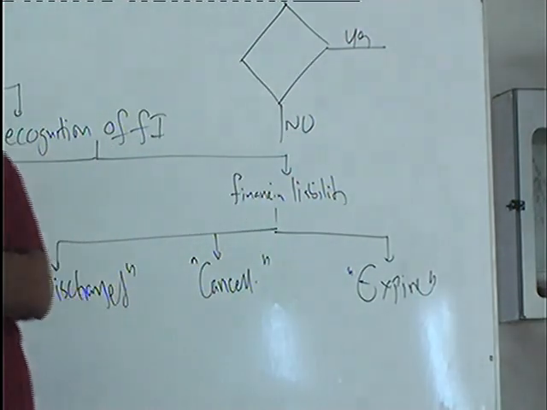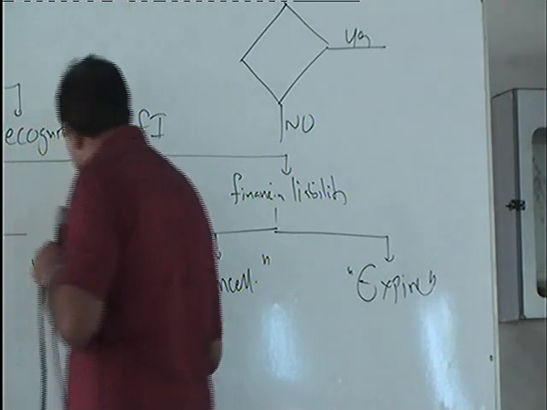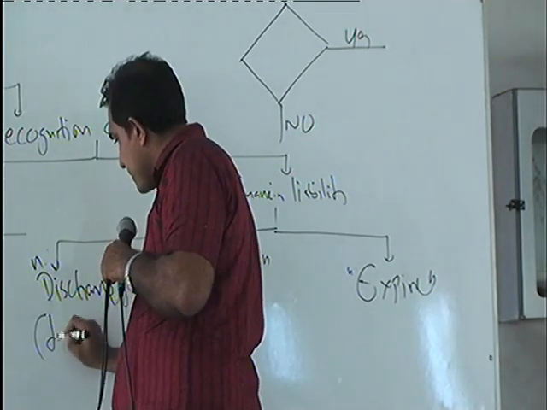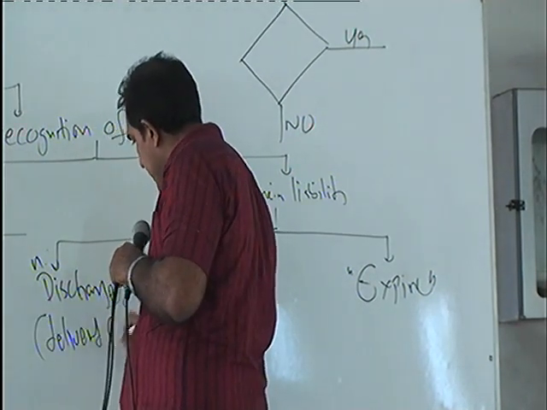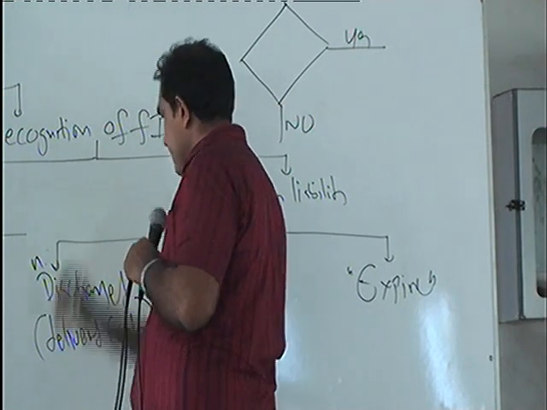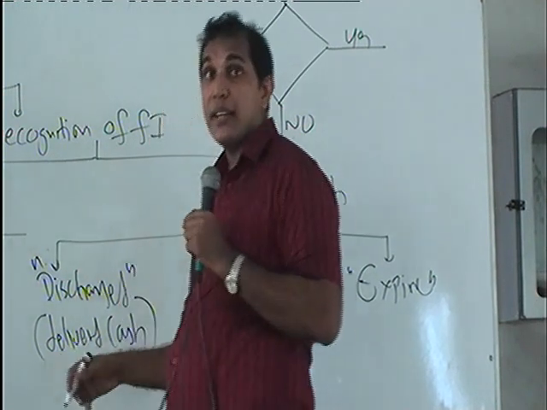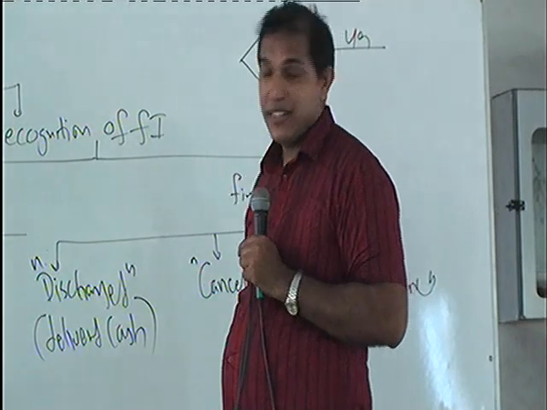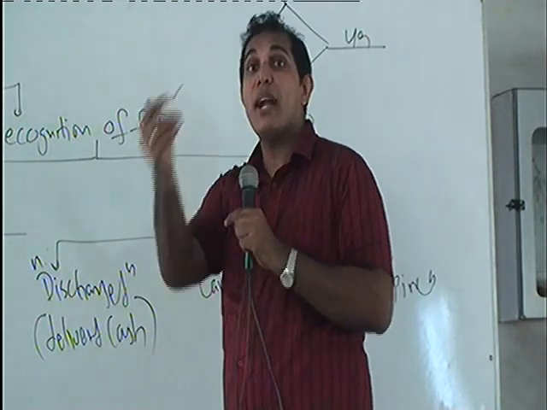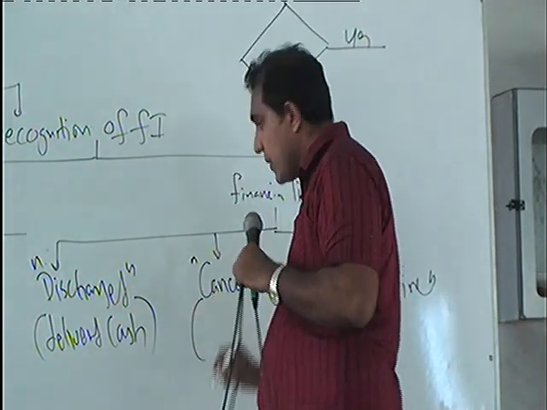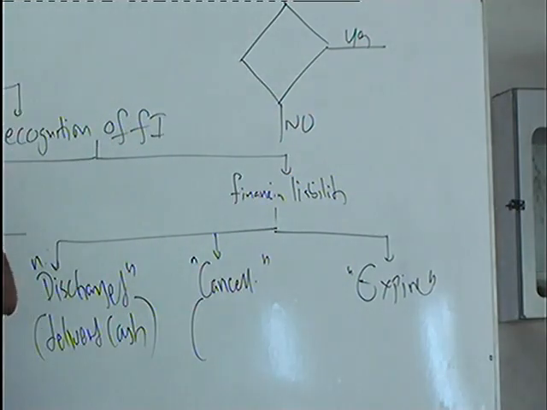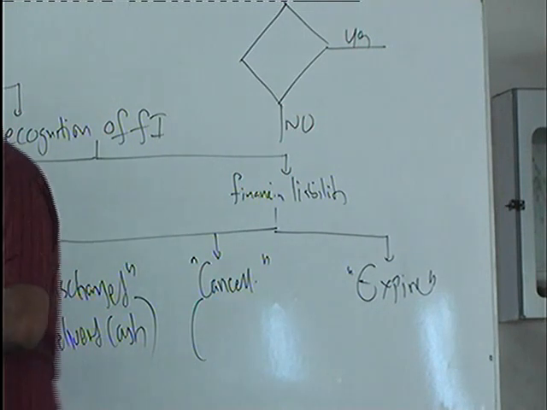Okay. Here you can write delivered cash. Or else you can write the example that I have mentioned. Delivered cash in the sense we settle money. Here you can write entity legally released from obligation.